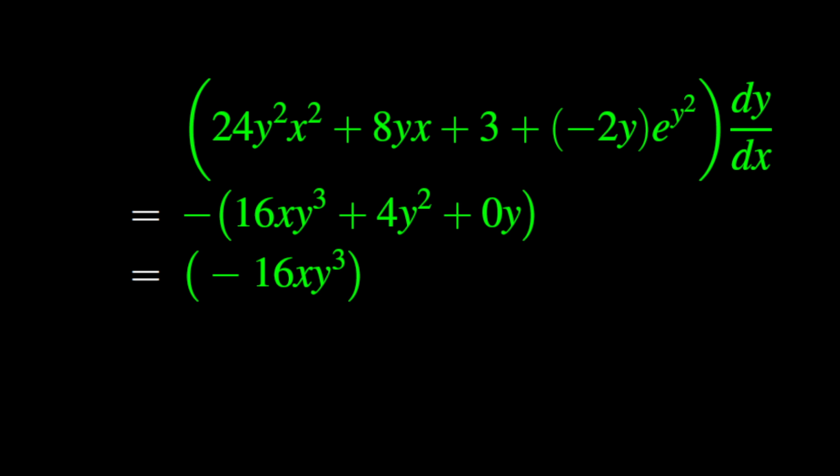When we expand after multiplying by negative 1, we have minus 16xy cubed, minus 4y squared, plus 0y.